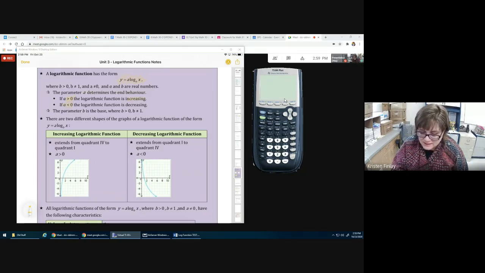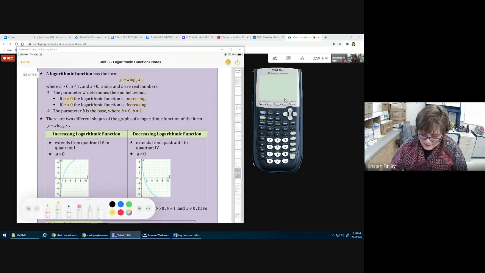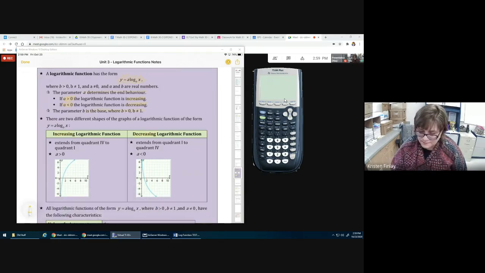If it's less than 0, it's decreasing. Parameter b is the base, where b is greater than 0, b is not equal to 1. Now, we mostly just looked at the 10 base, but same basic shapes. There's two different shapes. One is increasing, and one is decreasing. And again, we talked about the fact that they're dependent on a.